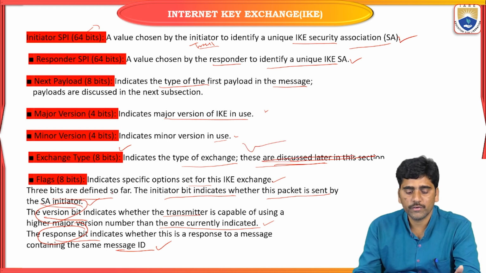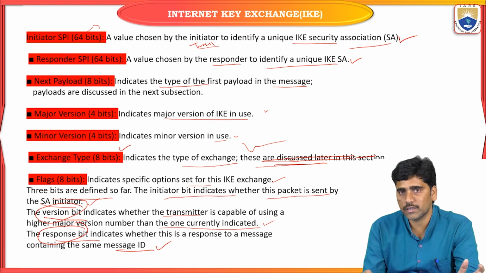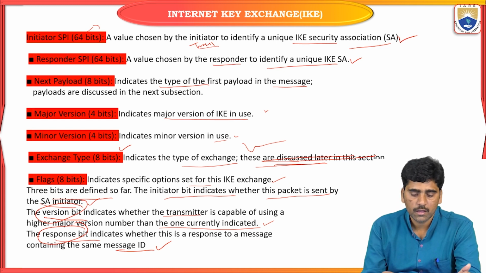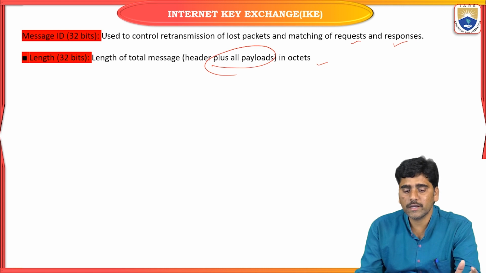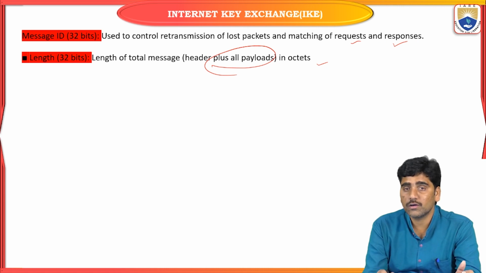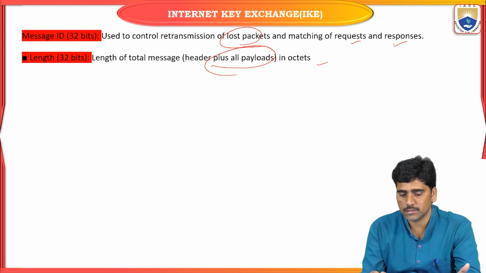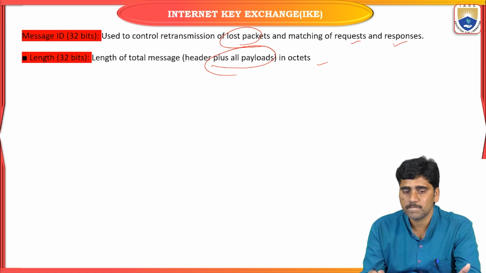The version bit indicates whether it is a minor or major version, and the response bit indicates whether the message was received by the receiver or not. And the message ID is used to control retransmission of lost packets, so that indicates the status of the messages, whether lost or not, and the length of the field.